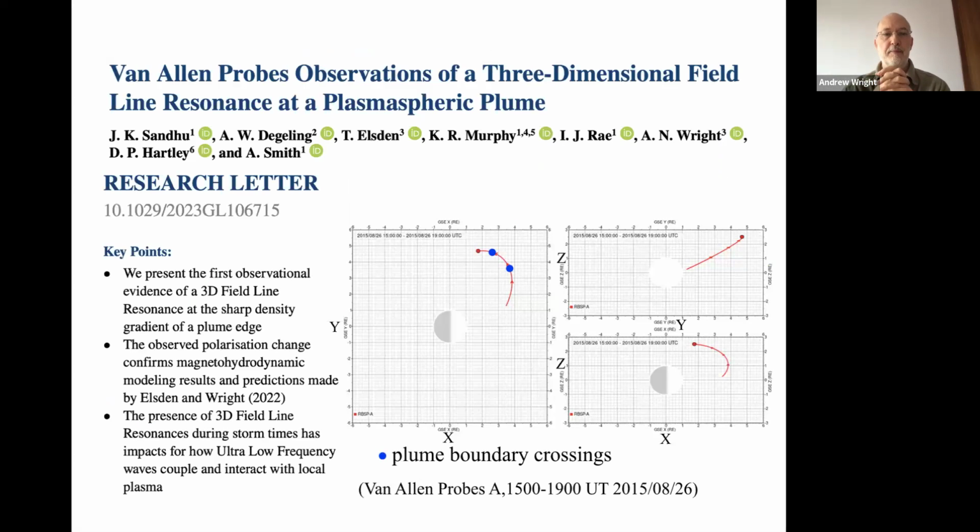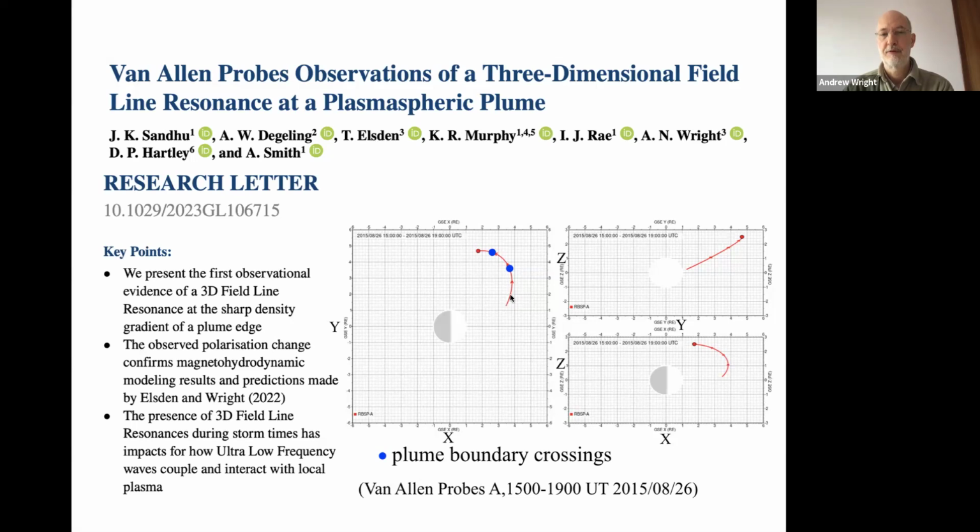So this is results from a GRL from last year, led by Jasmine Sandhu. And the ISI team tasked her with trying to find these sort of signatures in data. So we found some Van Allen probes A data.